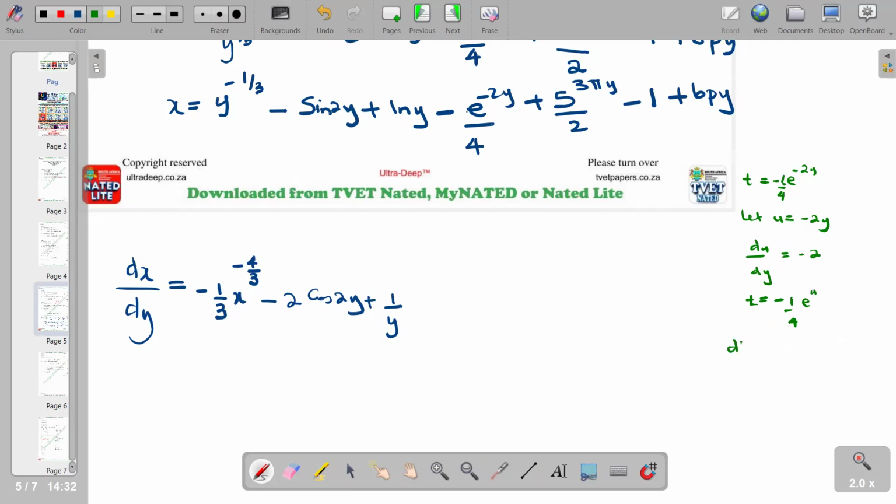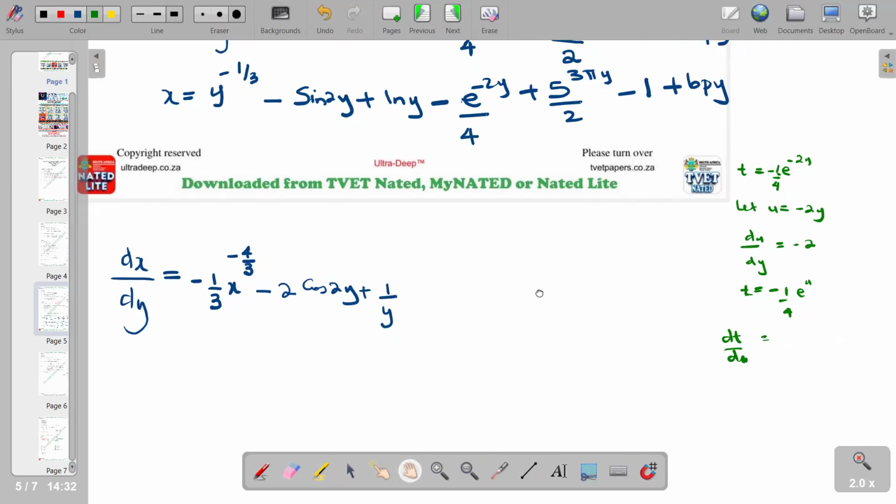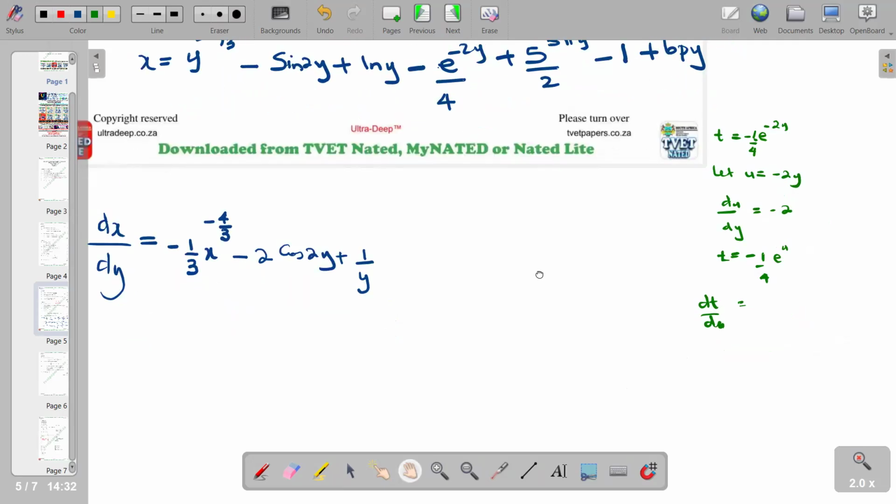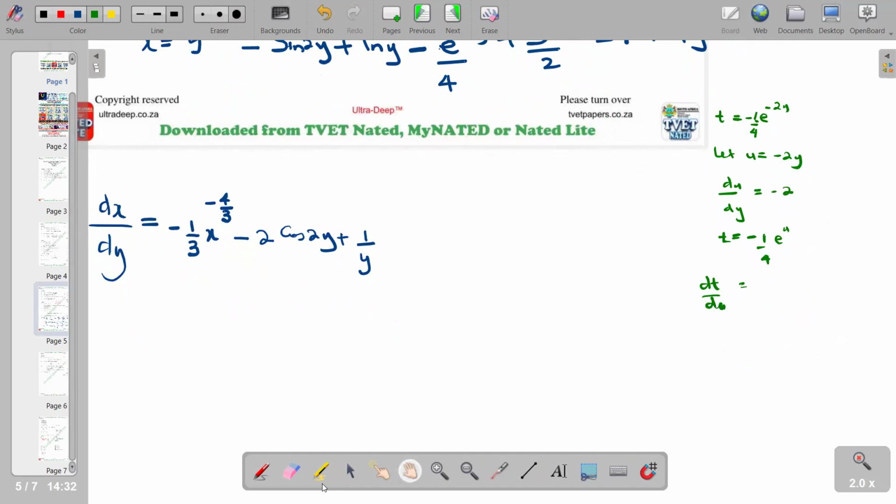And we know dt/du will be equal to negative 1 over 4 e to the power u.